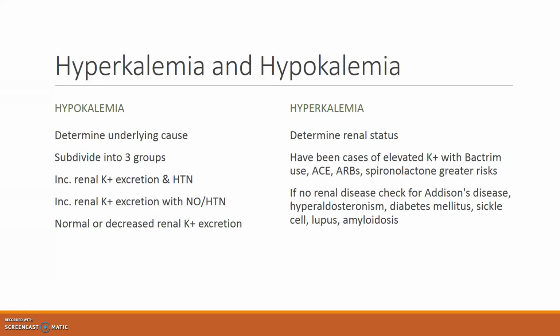And then the third group is normal or decreased renal potassium excretion. Even though that's a little complex right now, that helps you get to determining the underlying cause. So keep those 3 subdivided groups in mind when you're considering hypokalemia. For hyperkalemia, you have got to determine renal status.